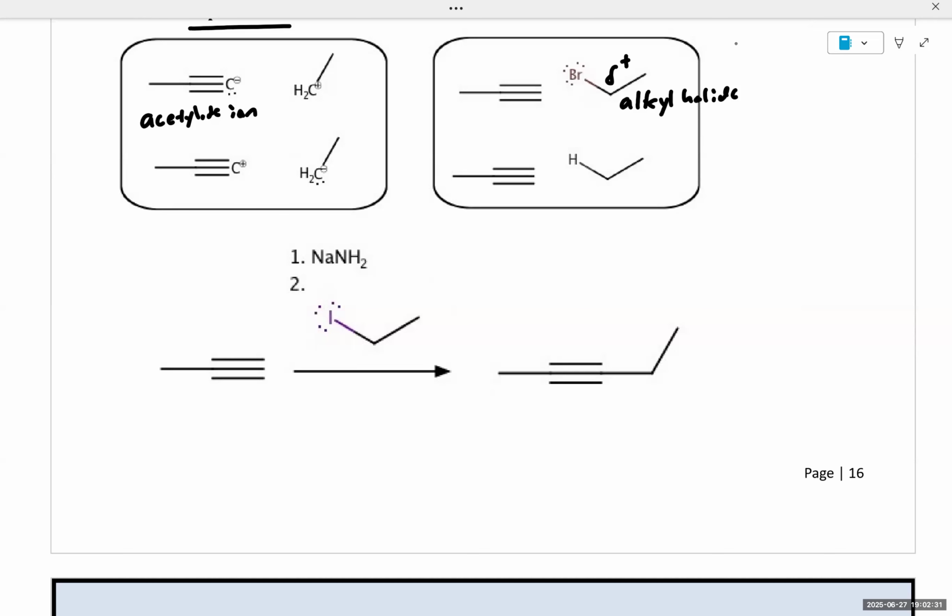The reason why I like drawing out retrons before I draw out a formal structure for a synthon is that the more you learn in this class, the more possible structures you can draw with that specific electrophilic or nucleophilic character. For example, this retron can match an alkyl iodide, an alkyl bromide, a tosylate, a mesylate.